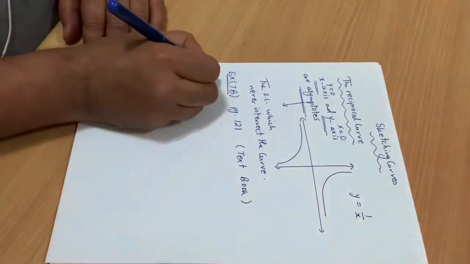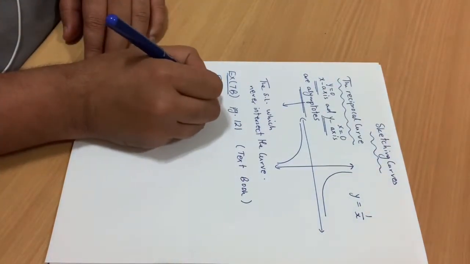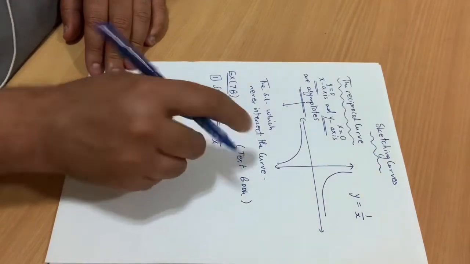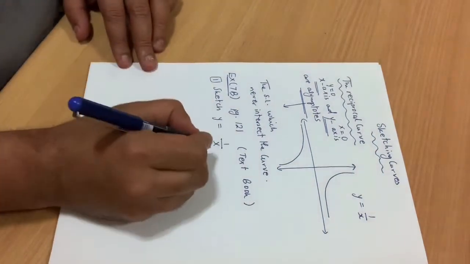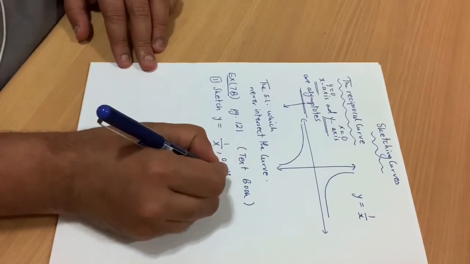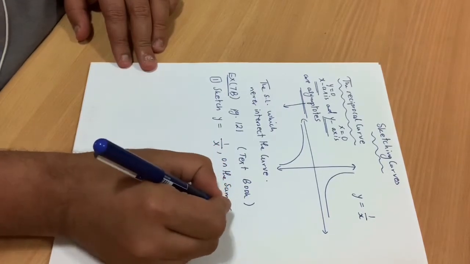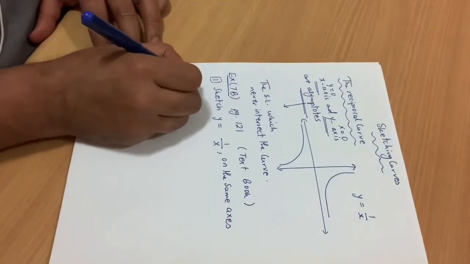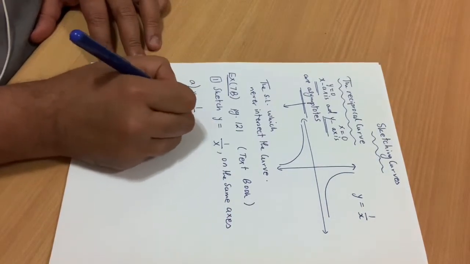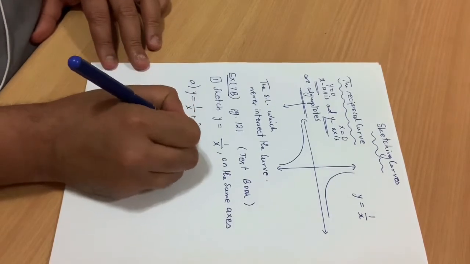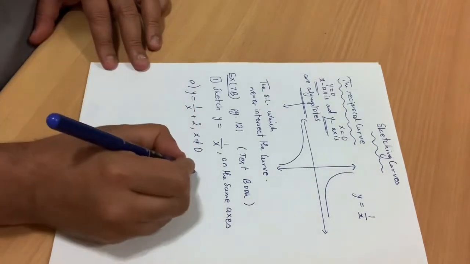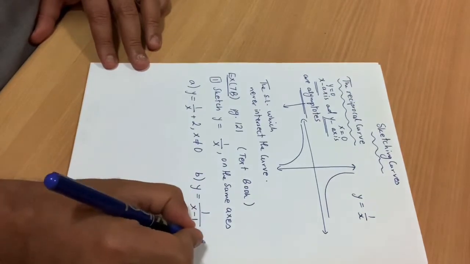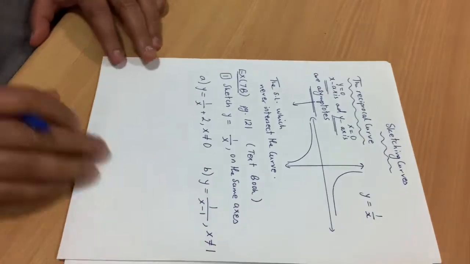This question asks you to sketch the curve of y equals 1 over x, that we did here, and on the same axes, sketch the curve of 1 over x plus 2 when x is not equal to 0, and the other curve, 1 over x minus 1 when x is not equal to 1.